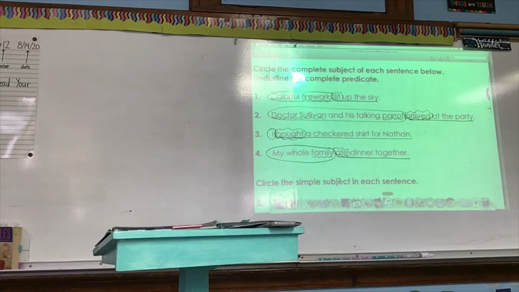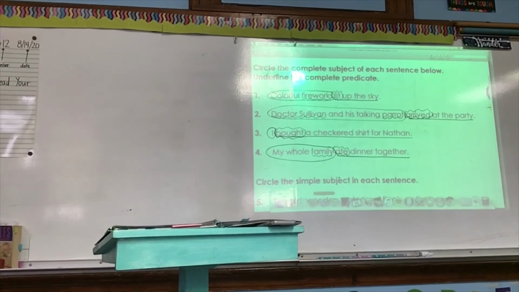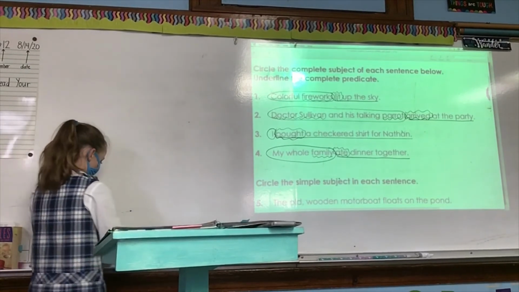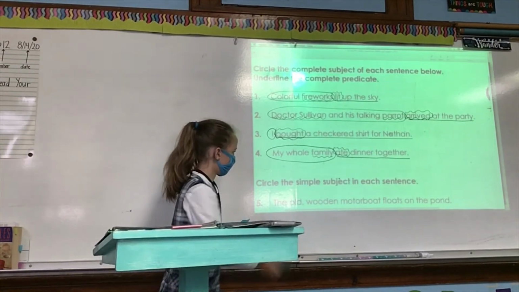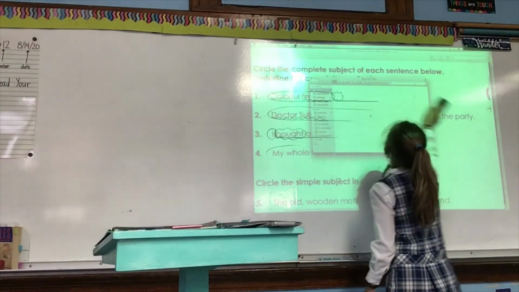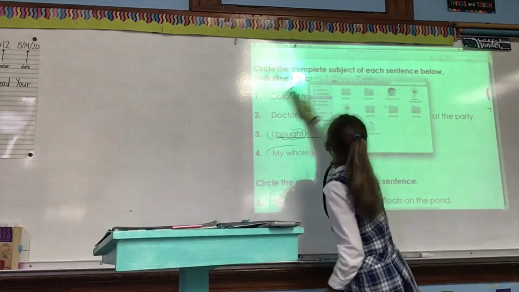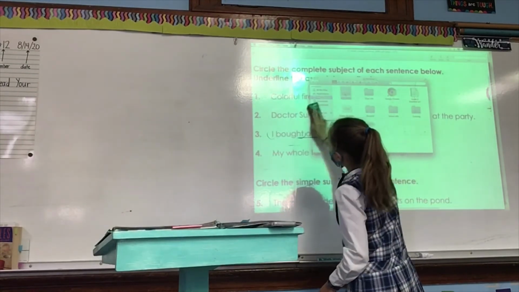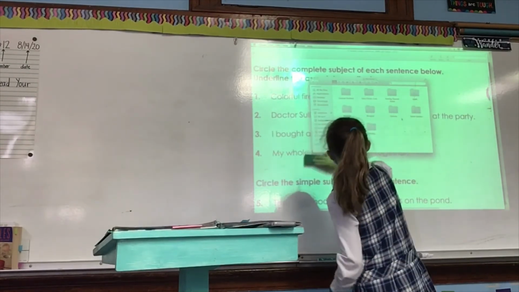I just realized I pulled up the wrong thing. I accidentally pulled up the independent practice earlier, not the guided practice. Wait, so we just did the independent practice? No, I just pulled up the wrong thing.